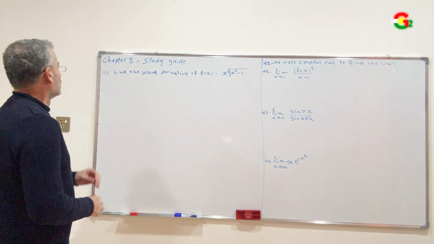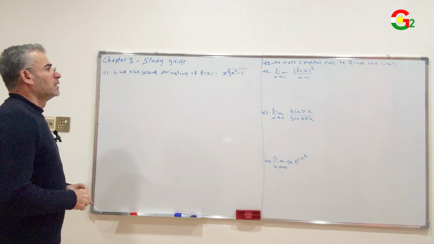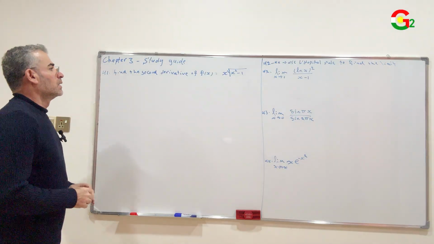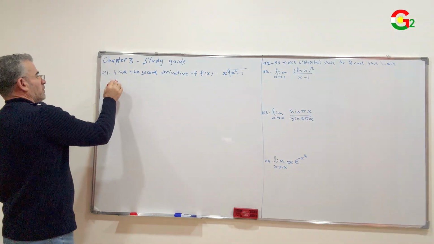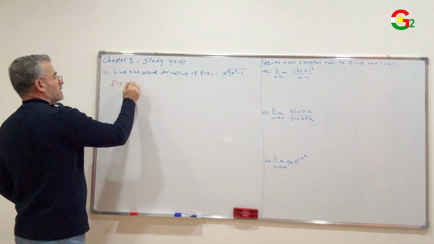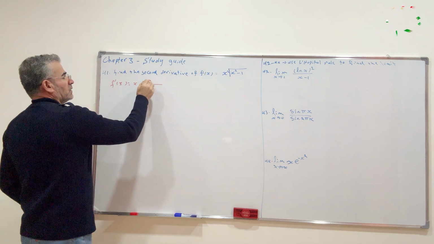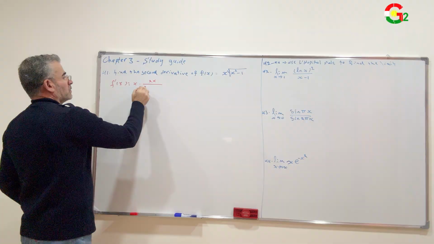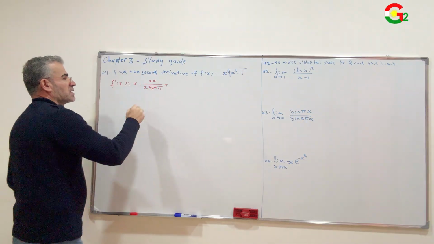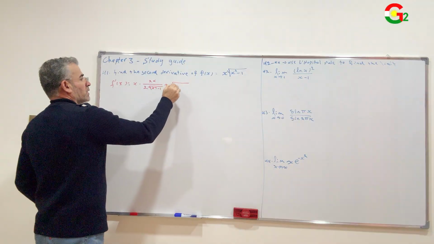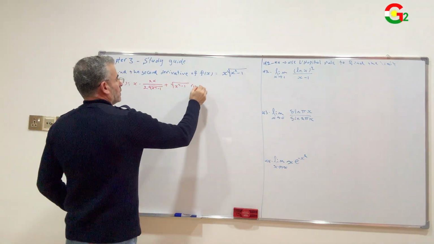Question number 41. Find the second derivative of the function f(x) = x√(x² − 1). f′(x) equals the first function times the derivative of the second, 2x over 2√(x² − 1), plus the second, √(x² − 1), times the derivative of the first one.